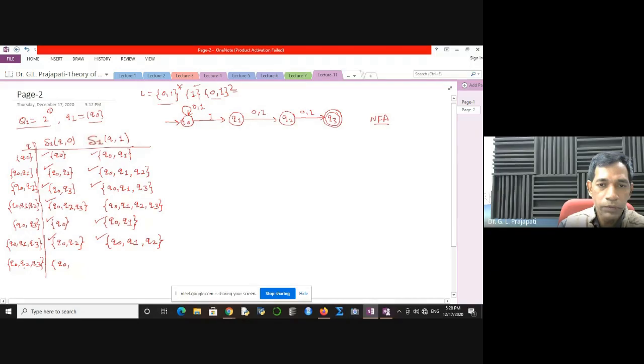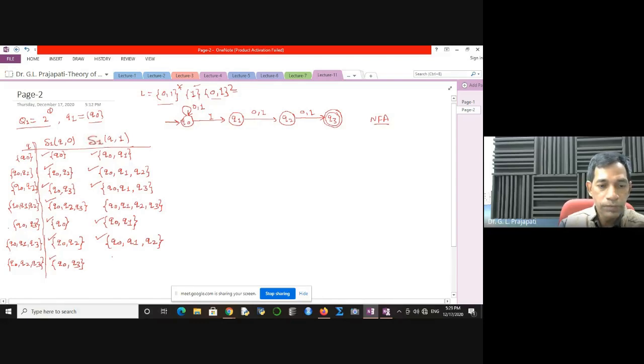Whenever you are at Q2 and input is 0, you are going to the state Q3. Whenever you are at Q3 and input is 0, you are going to the empty state. Q0, Q3 is not a new state. You have defined the transition here, so this is the old one.